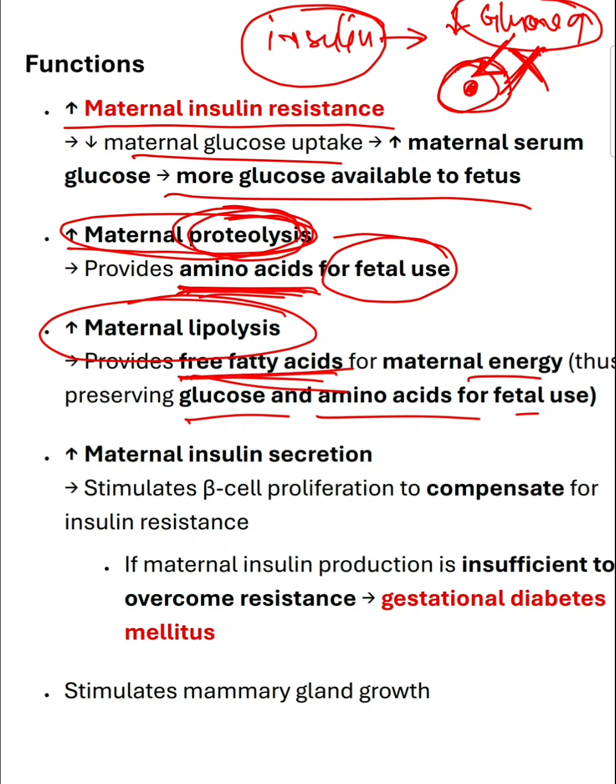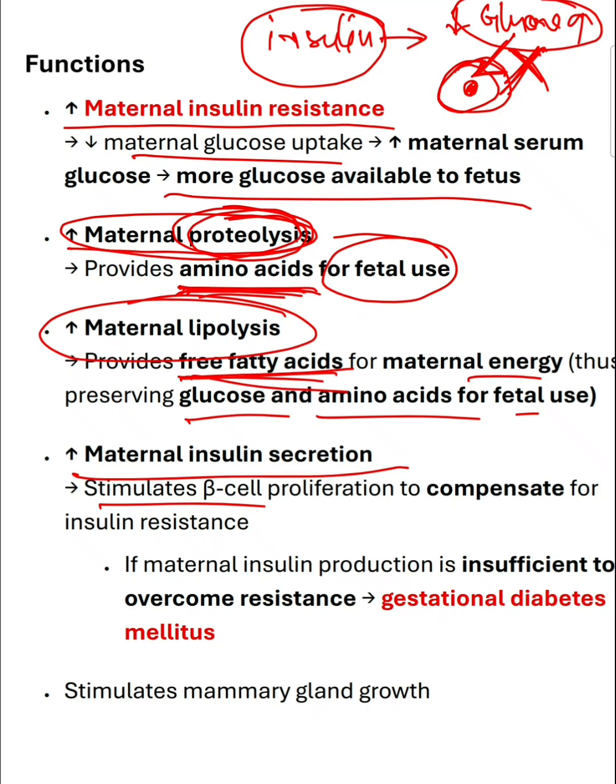Also, it increases maternal insulin secretion. What happens is the human placental lactogen stimulates beta cell proliferation, and the reason it does is because while it is creating insulin resistance, it tries to create a balance by increasing insulin production from the maternal pancreatic beta cells, so that the maternal body can overcome this resistance.